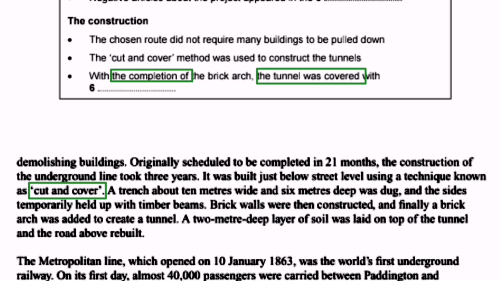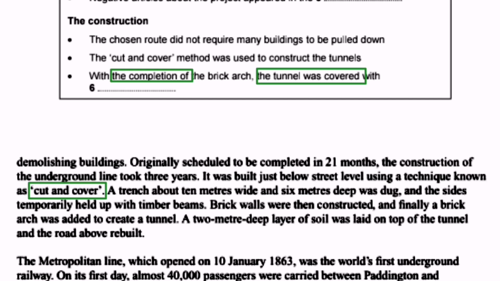So we have found the cut and cover method. It means that we are about to find the answer of the question number 6. And the question number 6 is with the completion of the brick arch, the tunnel was covered with question number 6 blank. We have to find some material which helped in covering the tunnel.